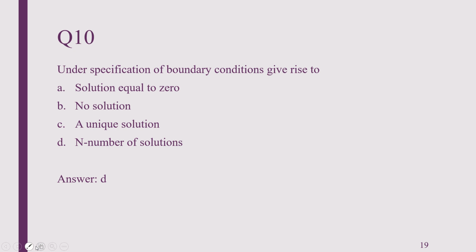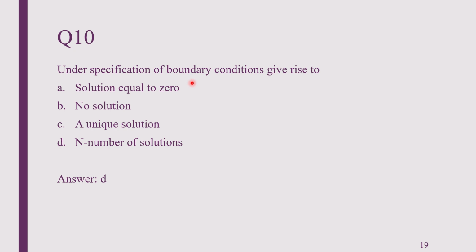We would be having n number of solutions. That is, the possibility of the solutions would be very large. It is not zero or no solutions, because with under specification, what we are doing is giving the boundary conditions less than what is required. So in that case, you would be having n number of solutions. Picking out a solution from that is not possible. So it is always wiser to give the specific number of boundary conditions that is required for solving that particular system.